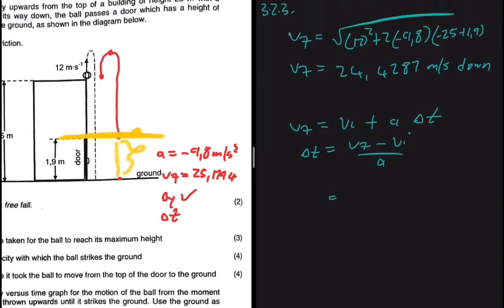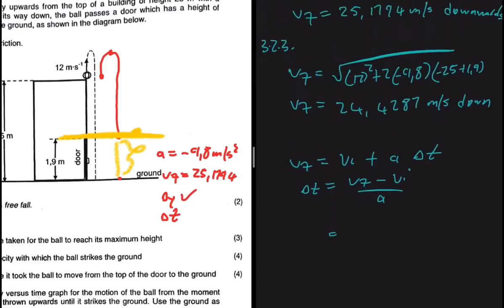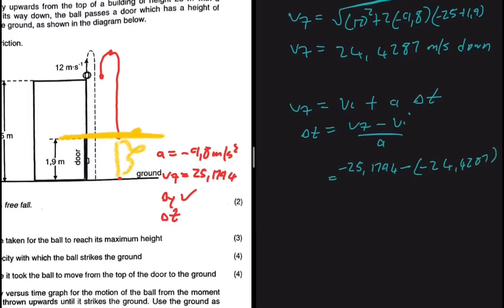So VF is the answer we calculated in 3.2.2, so that will be minus 25.1794 because we're taking downwards as negative and upwards as positive, and then minus 24.4287, everything divided by 9.8.